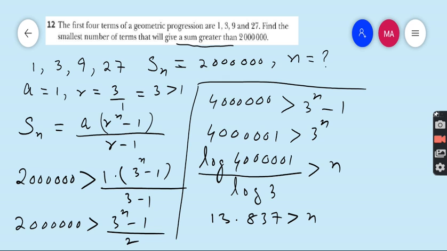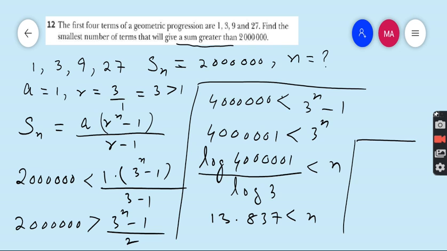So one thing which I missed over here, I should put a less than sign, because the sum is greater. So I have to put a less than sign. Now the value of n is greater than 13.837.